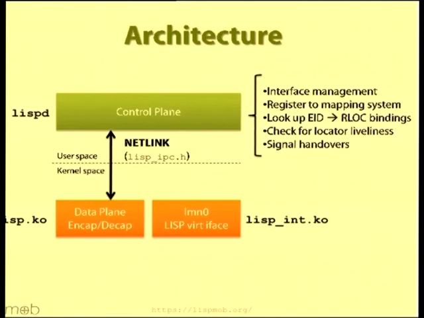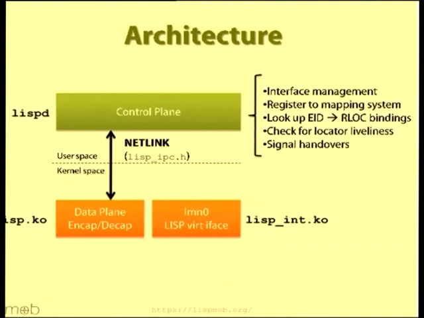The architecture is divided in both kernel and user space. So there is a new virtual interface which gets the identifier. Then there is a kernel module which is doing the encapsulation, decapsulation of data packets.